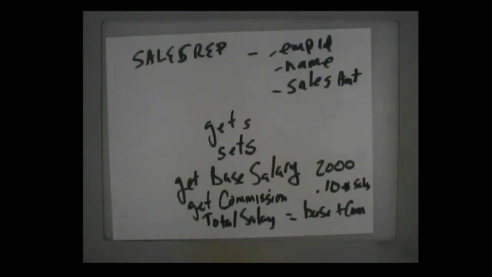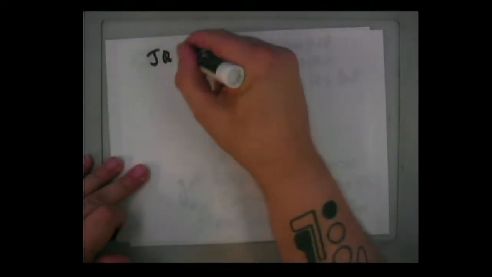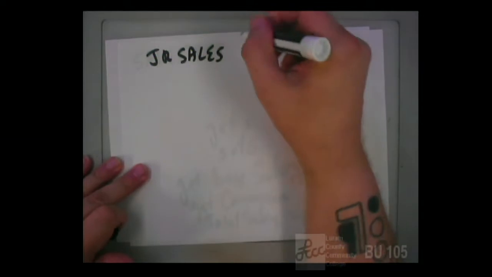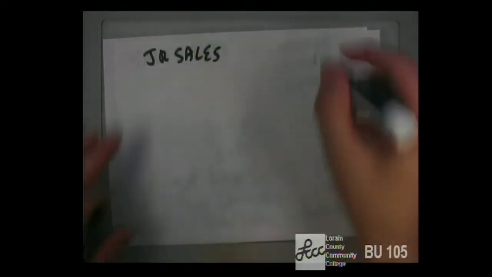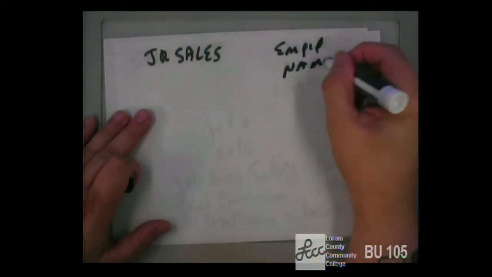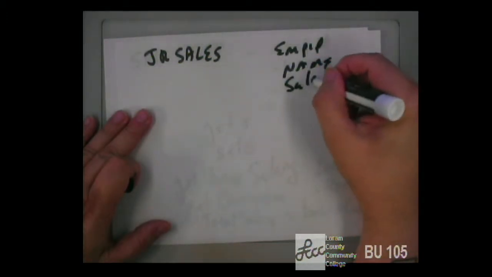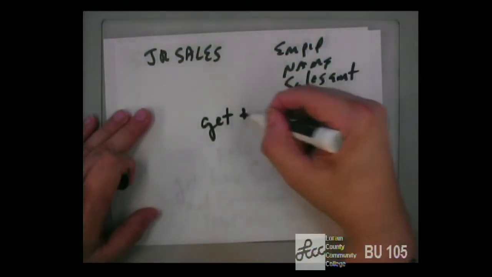Let's say we have a junior sales rep. I'm just gathering the facts now. I'm not doing any object-oriented design. I ask people, well, what do you need to know about a junior sales rep? Well, they also have an employee ID, a name, and a sales amount. And of course, they're going to need gets and sets for these.